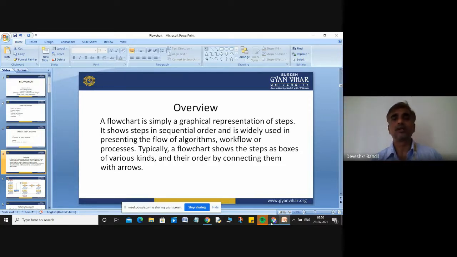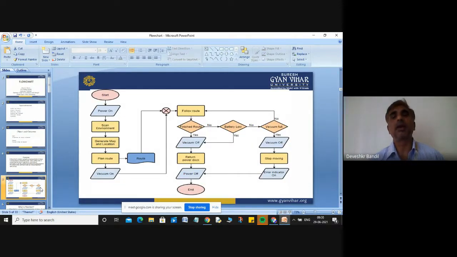Okay, so that is the overview of your flowchart, and now I will discuss the flowchart. You can see in this given diagram there is a diagram of a problem, and here I want to mention only these symbols, and through these symbols you will draw the flowchart.